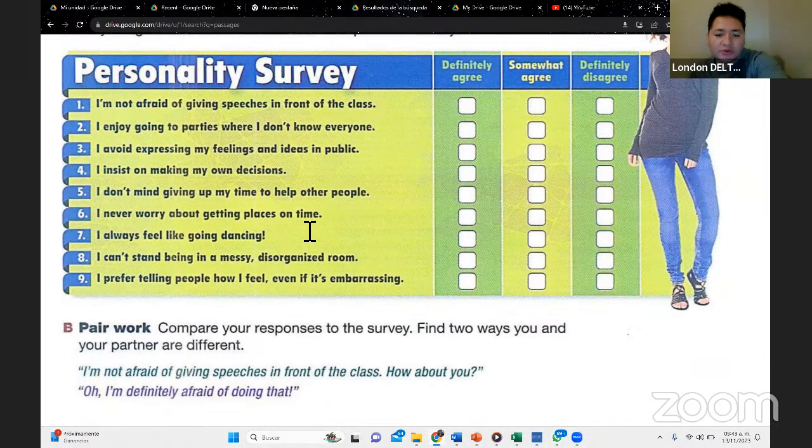What do you think about number 6, everyone? I never worry about getting places on time.